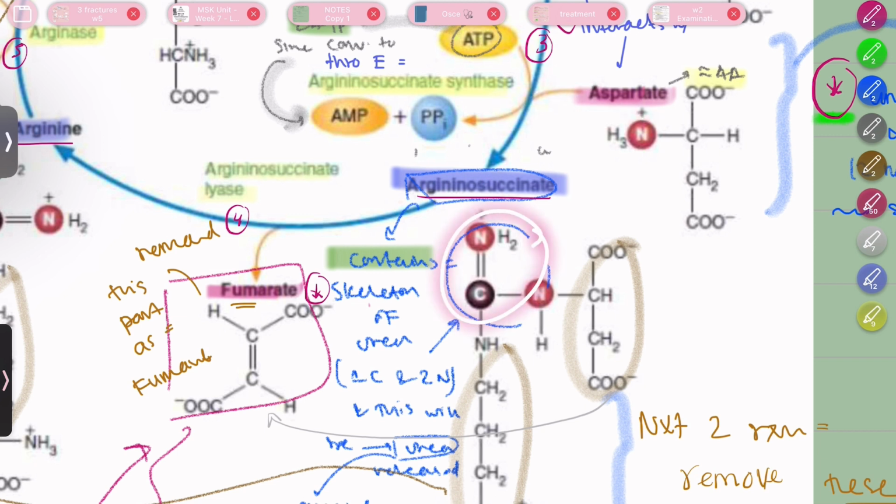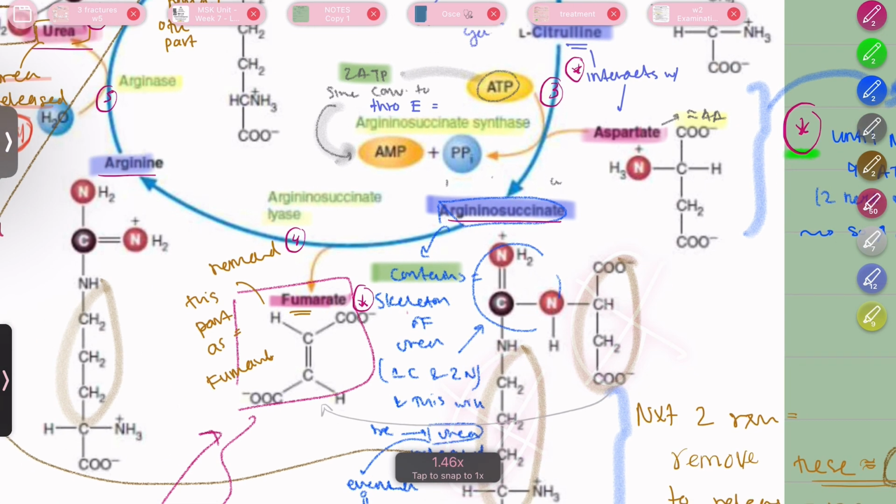So now we have our urea. Now you may wonder, if we have our urea compound, why don't we stop here? It's because the urea substrate is not fully ready. We have other structures that need to be removed by two other reactions, which are reaction number 4 and reaction number 5, and then we will have our urea free.